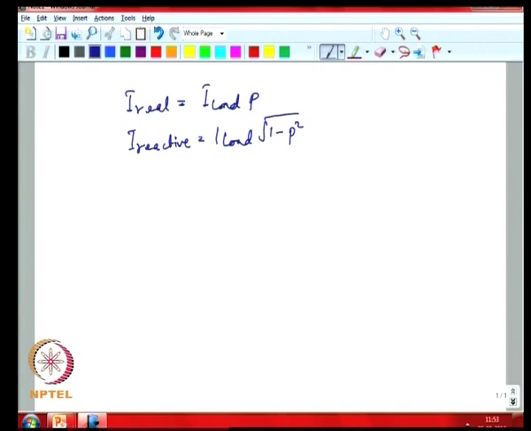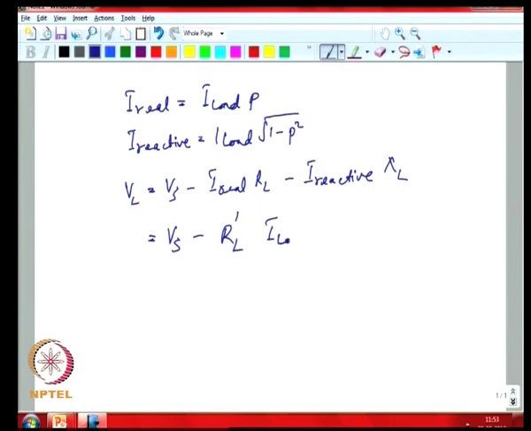Then you could write down the expression that we had, which was VL, and substituting for I real and I reactive, you would get this to be equal to Vs minus some RL prime I load, where RL prime is equal to RL into P.